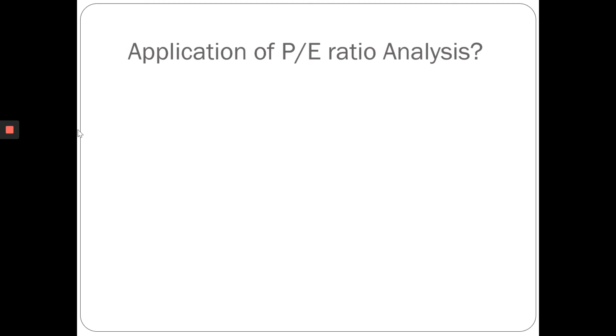Now, let's see the application of the PE ratio. So, this is the formula. If we want to find the expected price, we need to have a historical PE ratio. In other words, we can take the average of the last PE ratios and multiply it with the projected earnings per share. The main idea over here is that this historical PE ratio will not change.